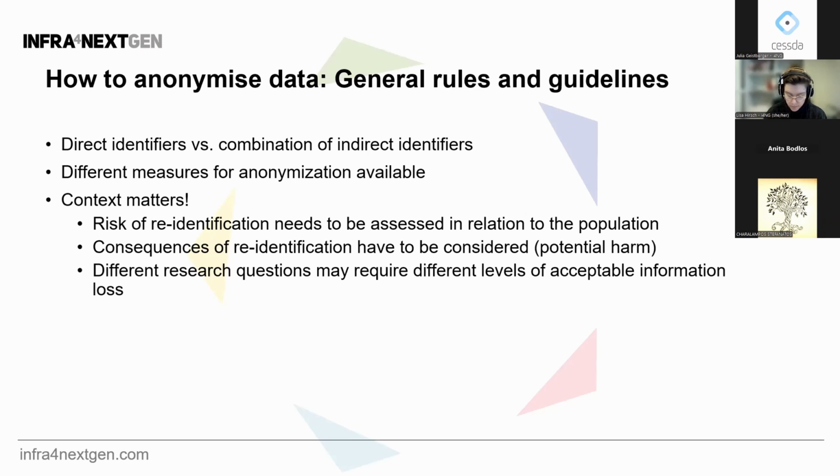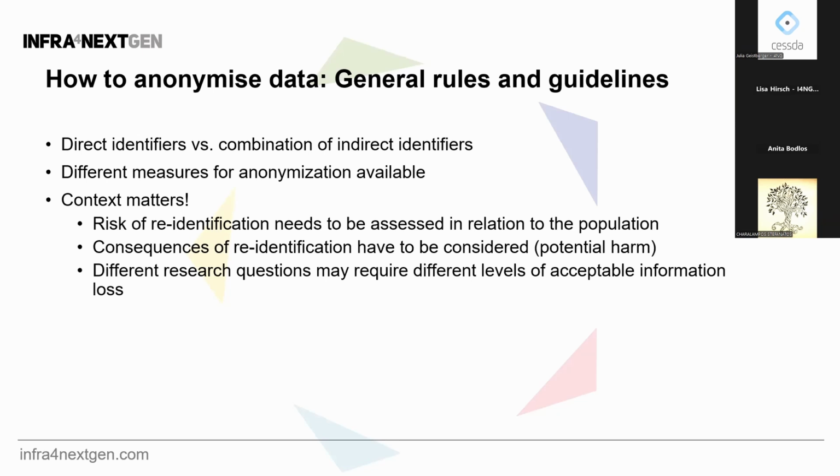So if you have a study covering your national MPs, the risk of re-identification likely is very high, for instance, because there's a lot of information available on members of parliament. On the other hand, depending on the information you collect of these MPs, the potential harm may be very small if you, for instance, just collect general information on their political views, because this is no secret of a political actor and of an MP.